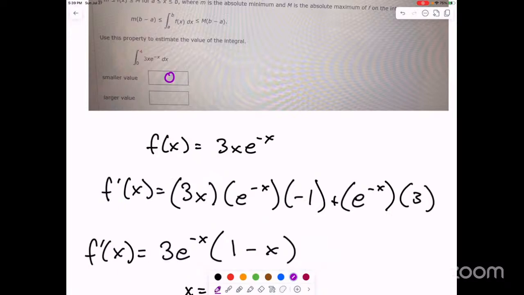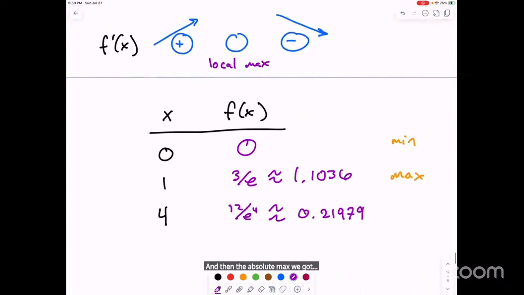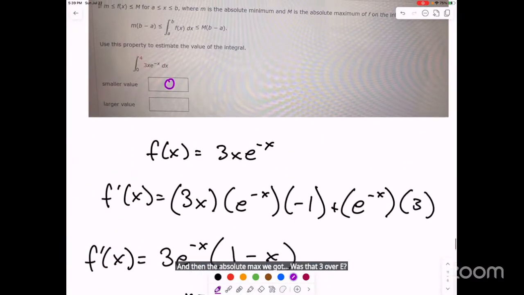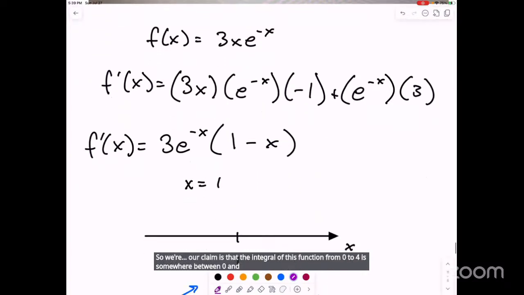And then the absolute max we got was at 3 over e. So 4 minus 0 times 3 over e. So 4 times 3 is 12. 12 over e. So our claim is that the integral of this function from 0 to 4 is somewhere between 0 and 12 over e.